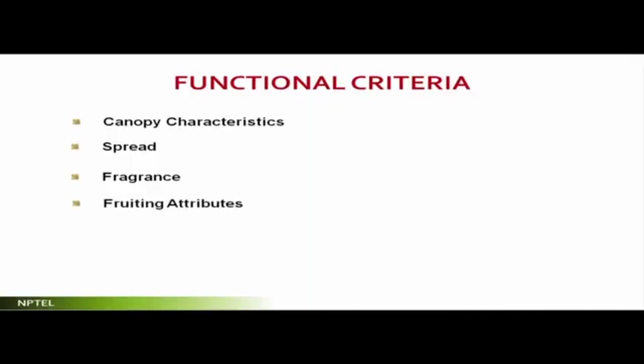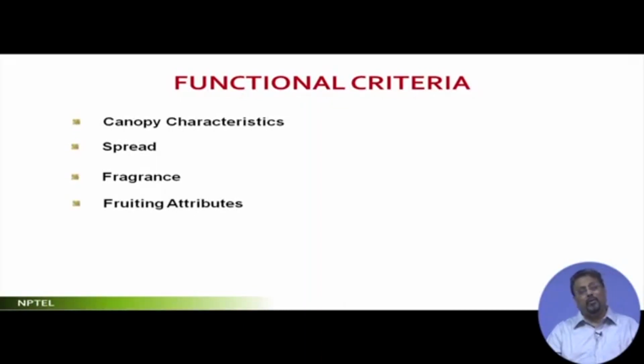Okay. So fragrance is another functional attribute. Fruiting attributes: many of the plants will have fruiting attributes, meaning they have fruits. I think I talked about it, or let me just tell you. Some trees which have very strong landscape applications are mango, guava, tamarind, jackfruit, jamun, even your drumstick.